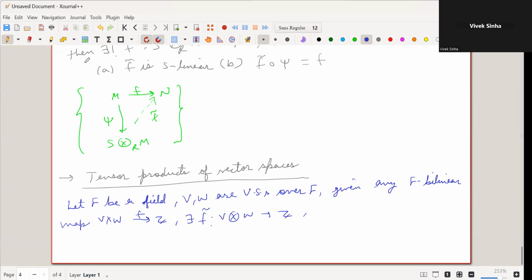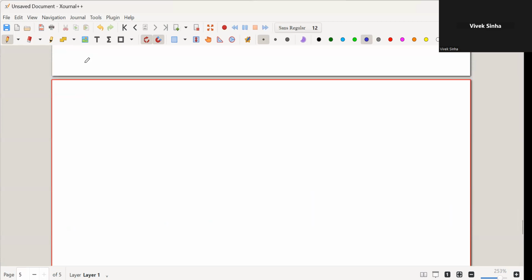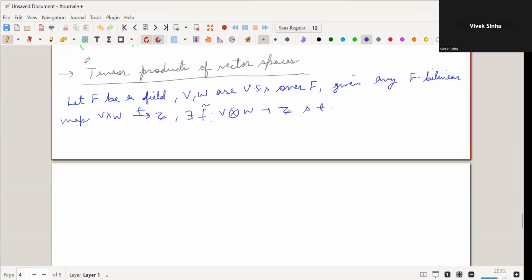such that again you can have the universal property kind of thing. From V cross W to Z, you have f. From V cross W to V tensor W, you have the map alpha, the usual map, and from V cross W to Z, it induces f tilde, which is F linear.